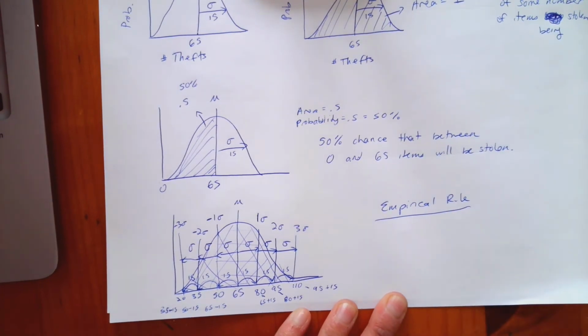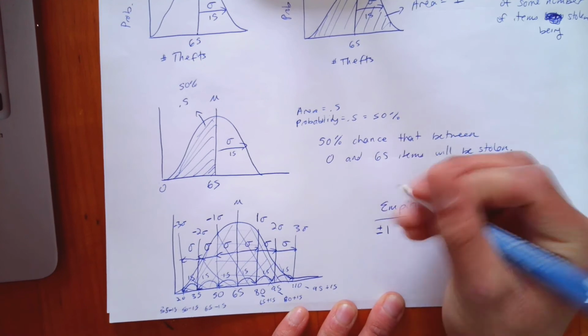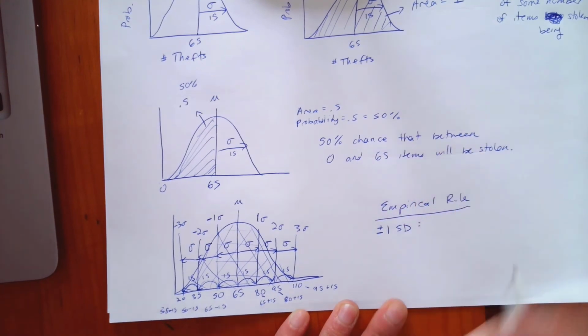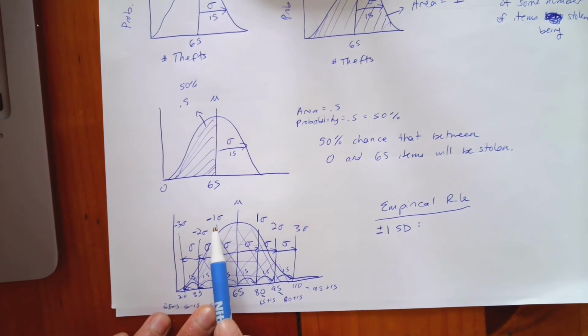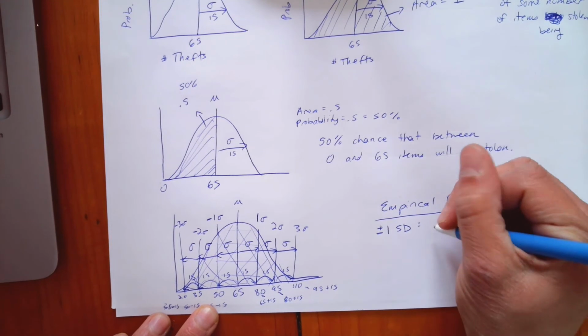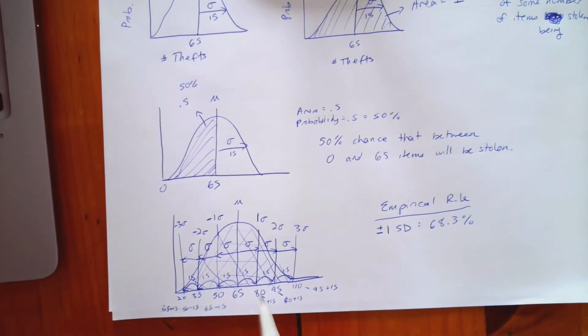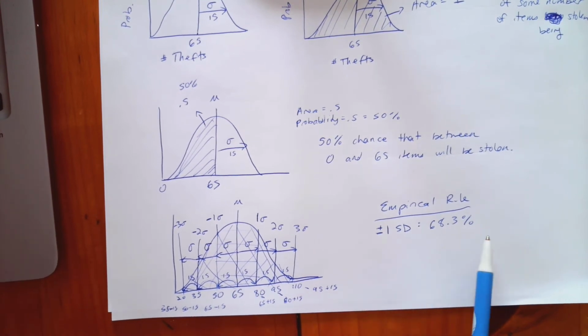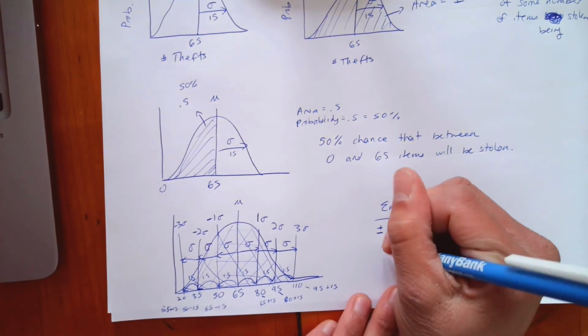So the first thing that the empirical rule tells us is that within 1 standard deviation of the mean, so between -1 standard deviation and +1 standard deviation, you're going to find 68.3% of your area. Or in other words, a probability of 68.3% of getting between plus and minus 1 standard deviation of the mean.